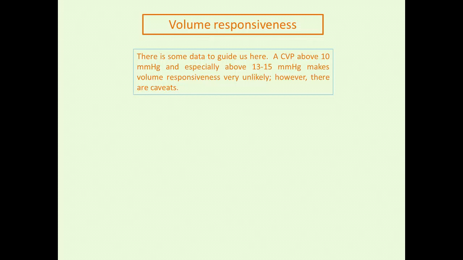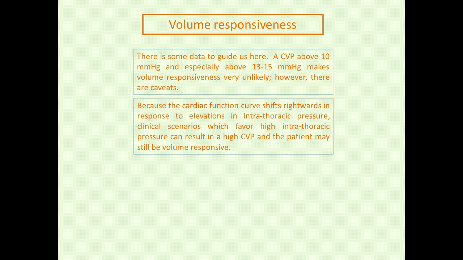And one of the more common causes of this is the application of PEEP, or the establishment of auto PEEP or intrinsic PEEP. Mediastinal edema may do it, but all these things will shift your cardiac function curve rightwards, and you can still therefore have a high CVP and still be on the ascending portion of your cardiac function curve.